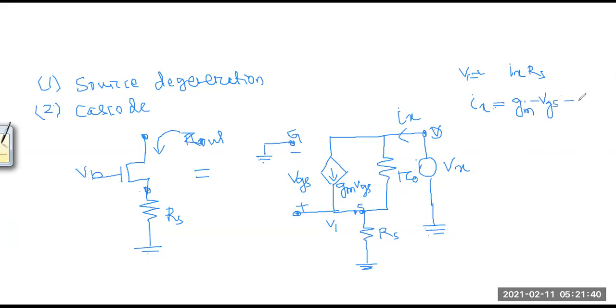Then plus Vx minus V1 by R0. Okay, this is the thing. So now this will be minus Gm V1 plus Vx by R0 minus V1 by R0.